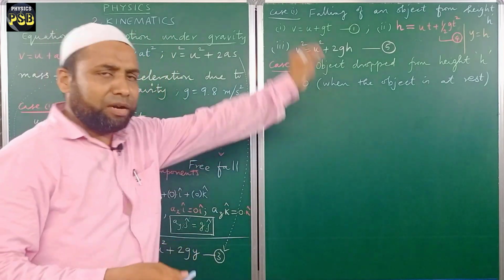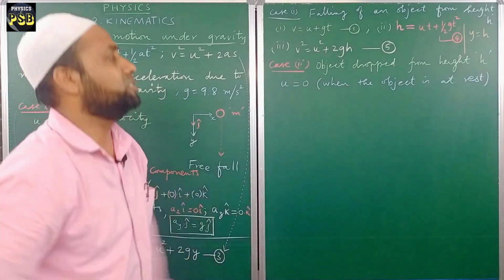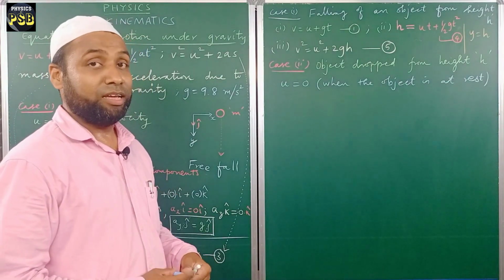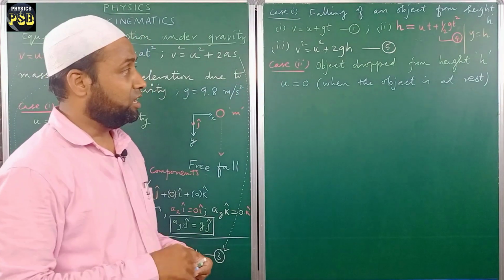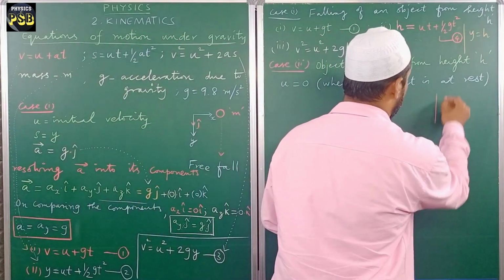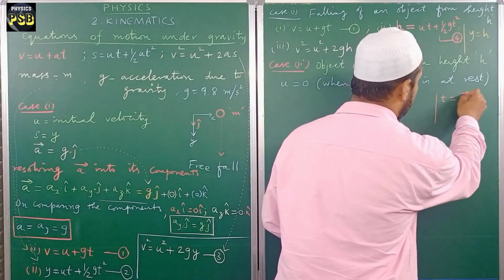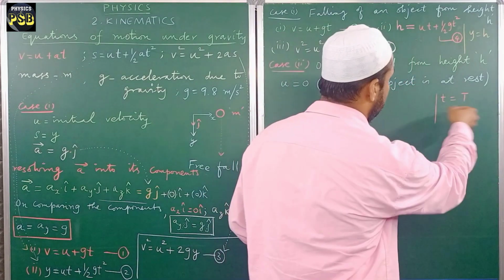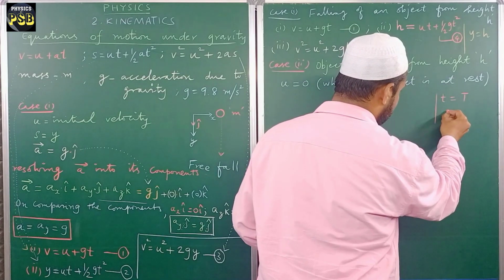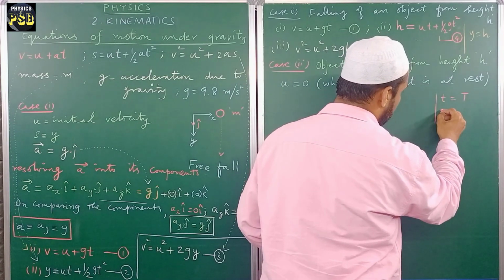Now, the moment it is dropped, it starts moving towards the ground. Slowly, due to gravity, its velocity increases. After some time, after time t equals capital T, it attains velocity v.